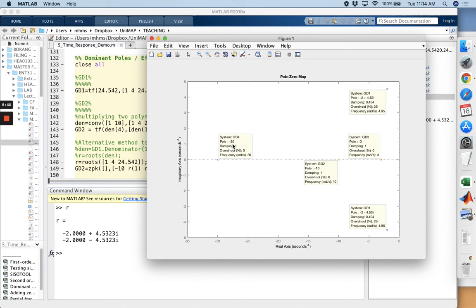So we have one second order system and three third order systems. What I want to show you is the effect of these third poles at negative 3, negative 10 and negative 30.